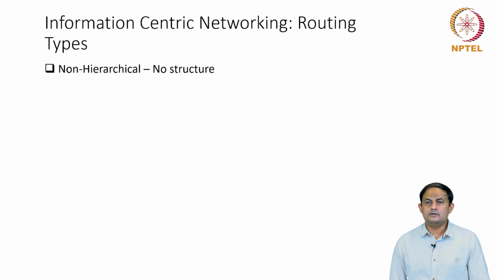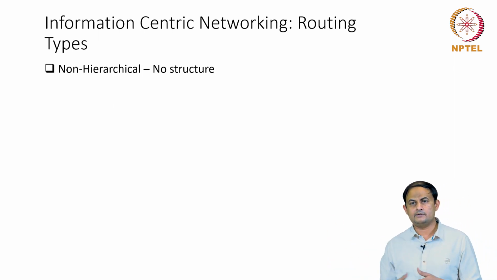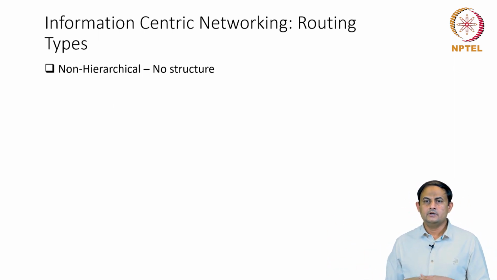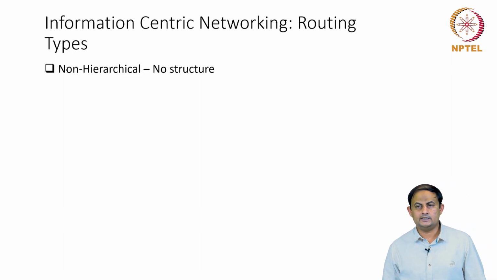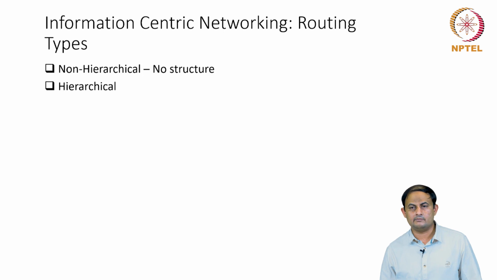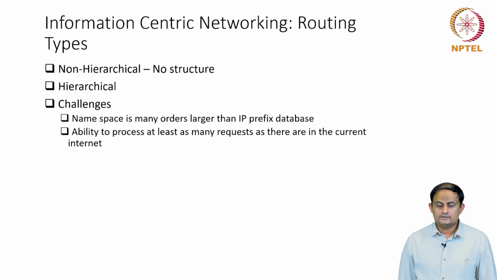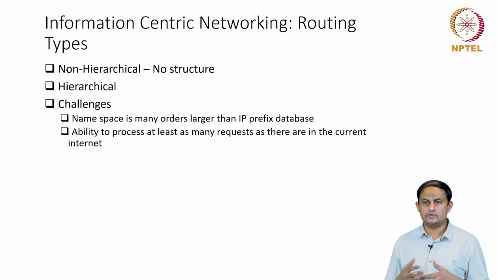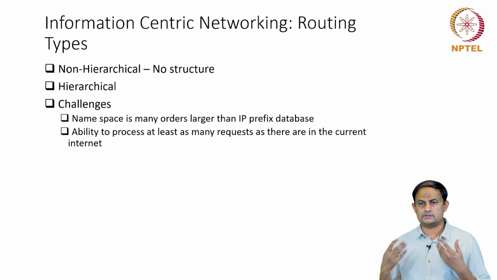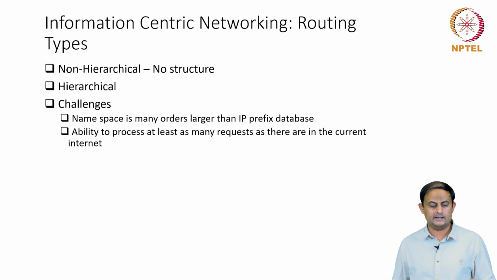So as I said, the naming itself can be of two types. One is the flat naming convention, and the other is the hierarchical naming convention. We said that hierarchical naming conventions are better for building the routing tables. If you use the hierarchical naming convention, then just like the IP prefix aggregates, the name prefix can be aggregated.